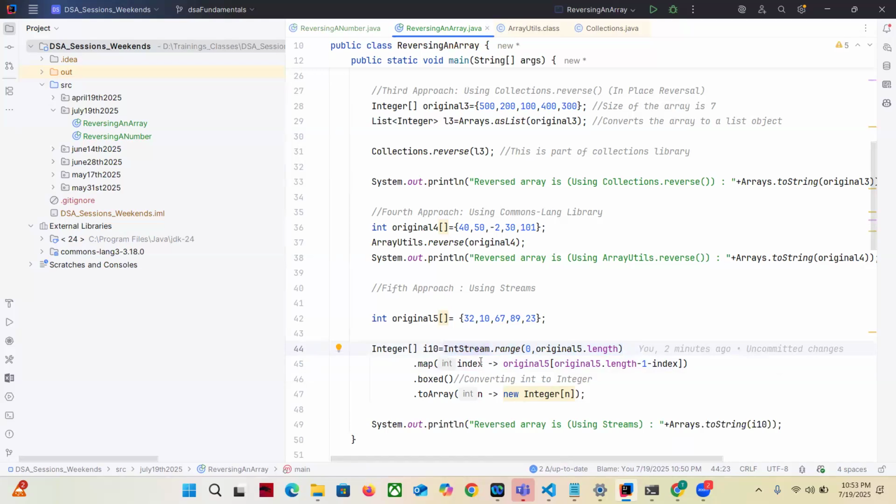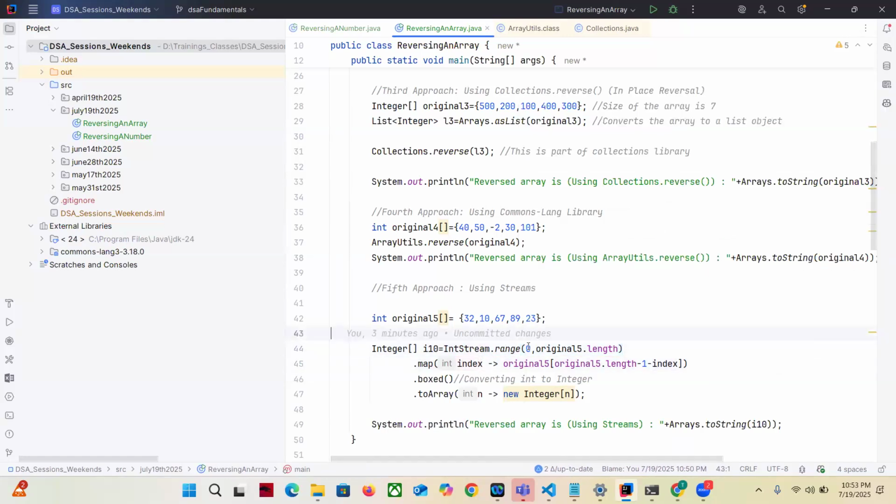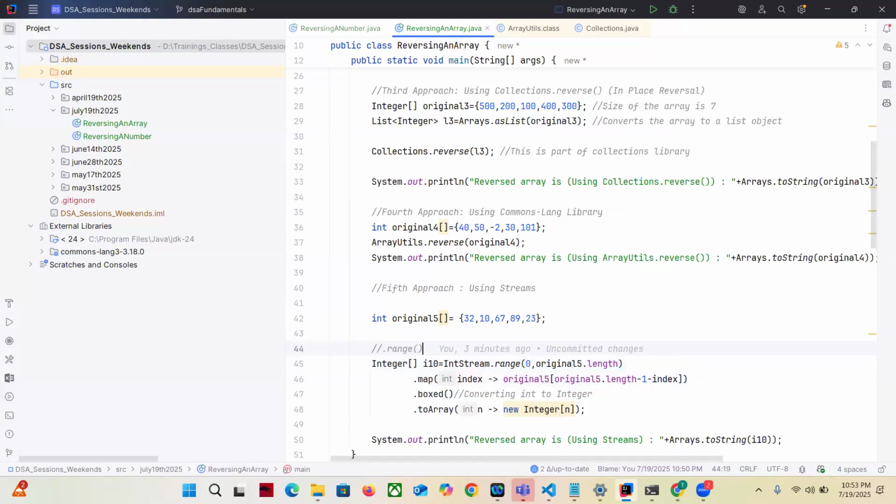What happens when I say IntStream.range(0, original5.length)? That means take the values between 0 and 6. Whenever it is range, it is inclusive of the start index position and exclusive of the end index position. Clear?